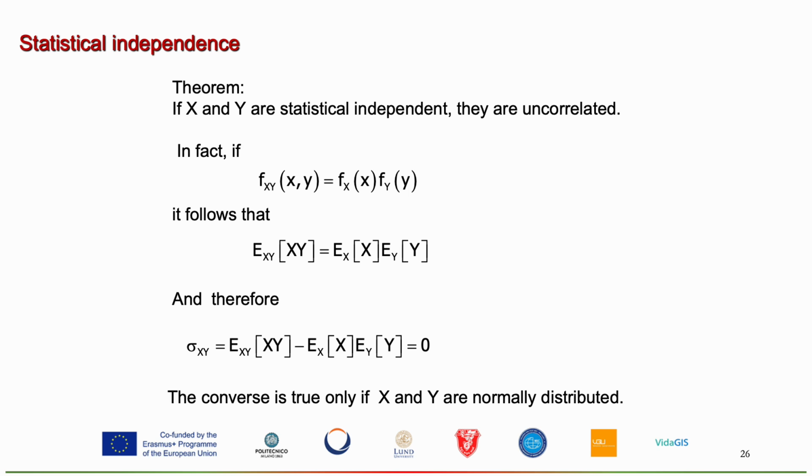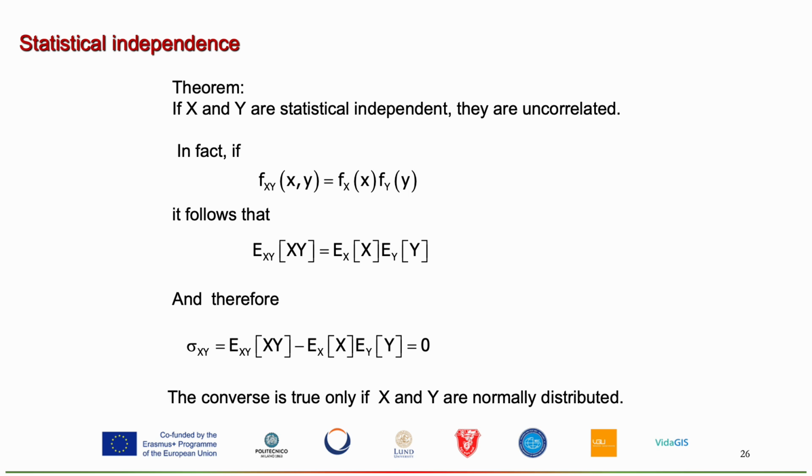It means that the joint density function is equal to the product of the individual density functions or the marginal density functions. But this means that the expectation of xy is equal to the product of the expectation of x that multiplies the expectation of y.